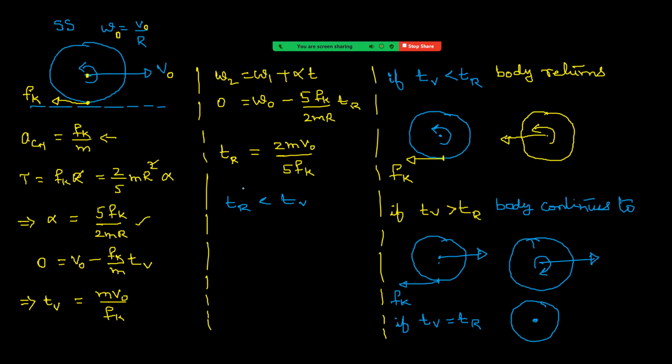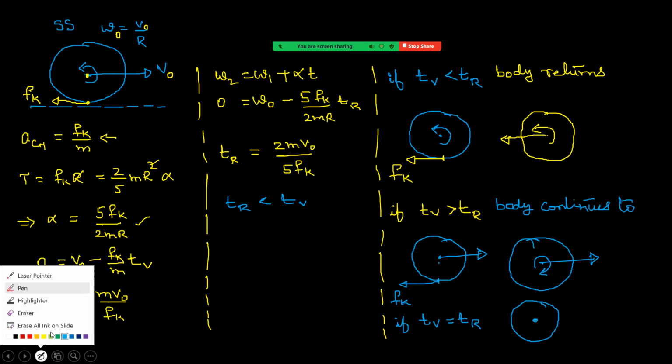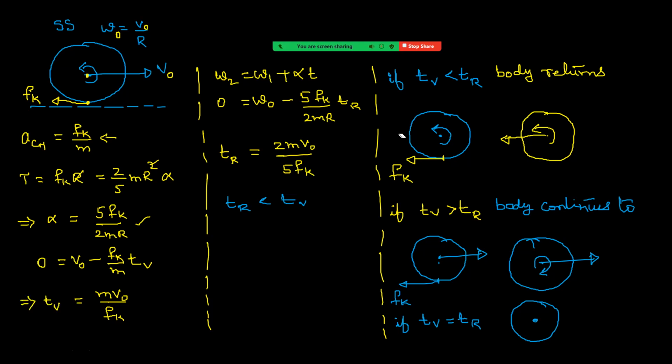In fact, the same thing we can decide by using conservation of angular momentum without using these things, and that we can try once. Now coming to this problem, first we have to calculate velocity.